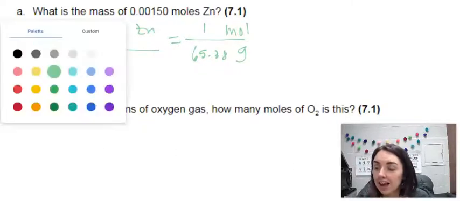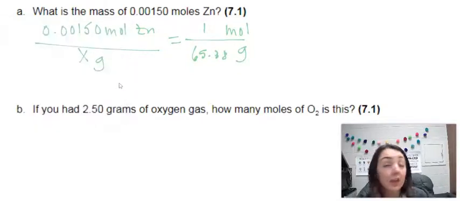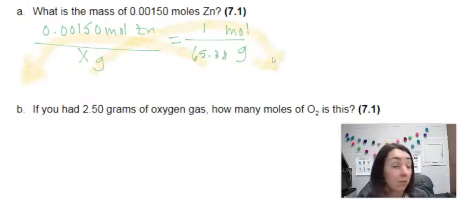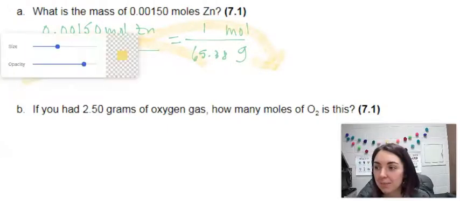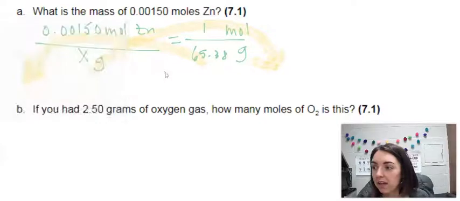Okay, then it's time for a little bit of algebra. We all love some algebra. So if you remember from math class, when you solve a proportion, you do bottom times top equals bottom times top. So if we do that, we will do the left side.